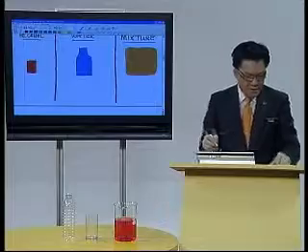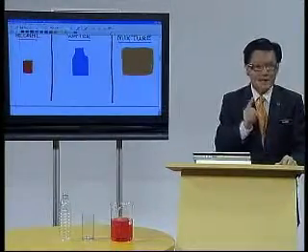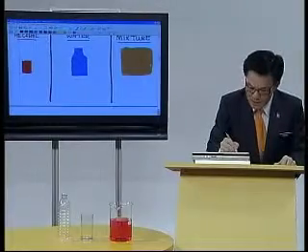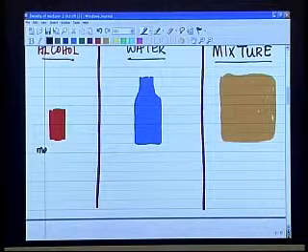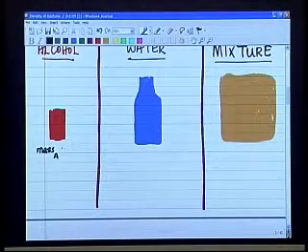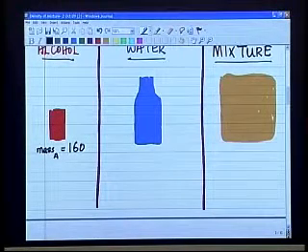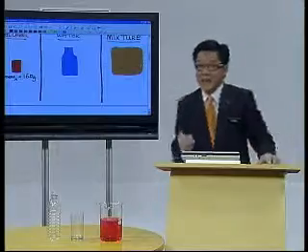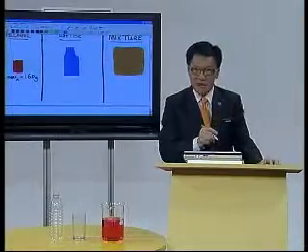Okay? The alcohol. What is given in the question? It is the mass. Alright? So you have to write down the mass of the alcohol. Just put A. This is given by 160 grams. Is there anything else given about the alcohol? Alright, look at the question.